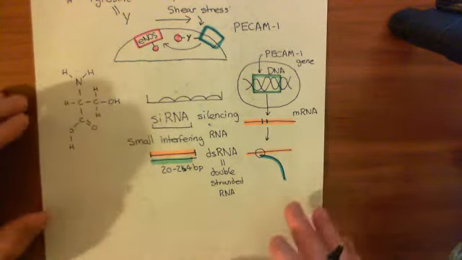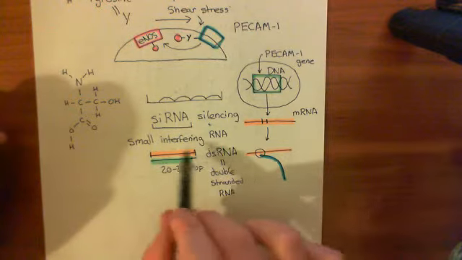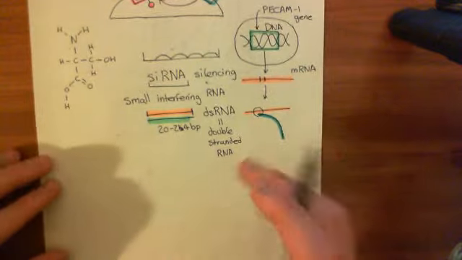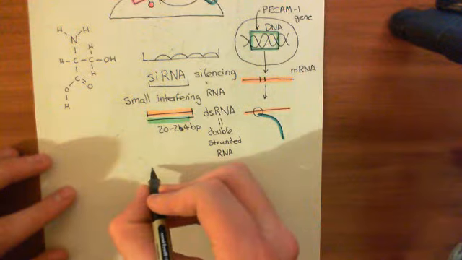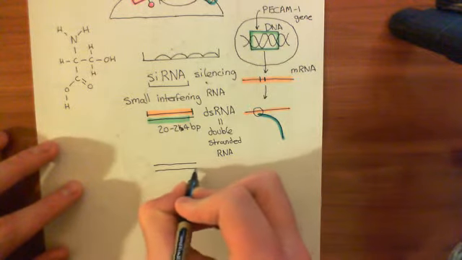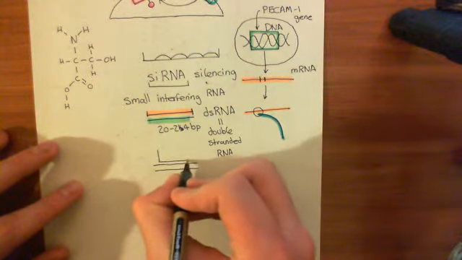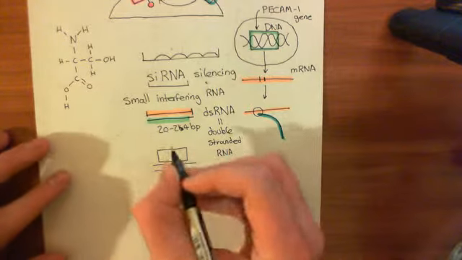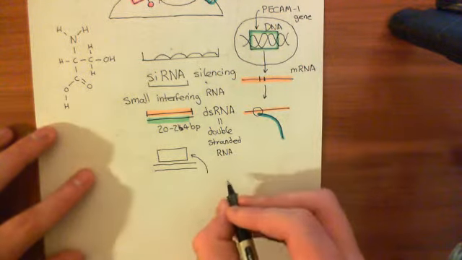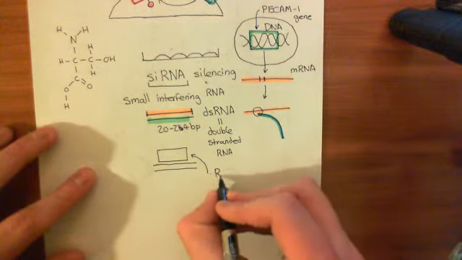Now when we put in this small interfering RNA, it will associate with a protein complex. So here's our small interfering RNA, and here's our protein complex that has come and associated with it. This protein complex is known as the RNA-induced silencing complex.